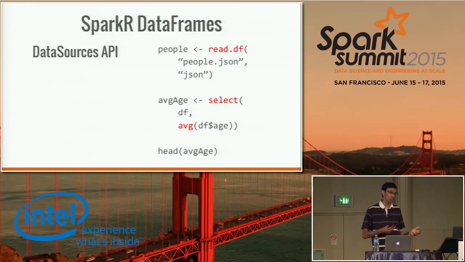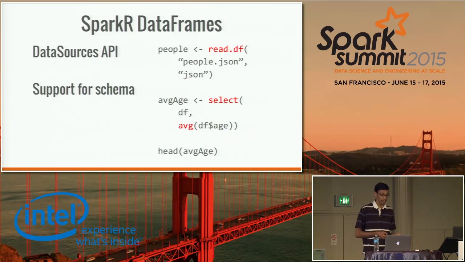Like I mentioned before, most of these users have some data which is in HDFS or Hive tables, and they really just want to read in the data from R and start off the data processing from there. And using these data sources API, we're easily able to extend all of the data sources that you might be interested in. And because it's extensible through other packages, there are new ones for Avro or HBase and so on, which constantly keep coming up.